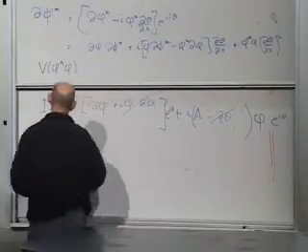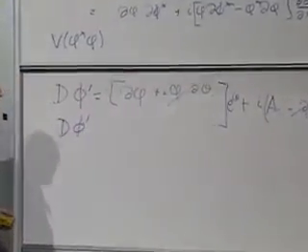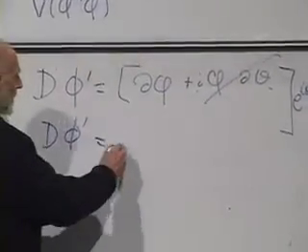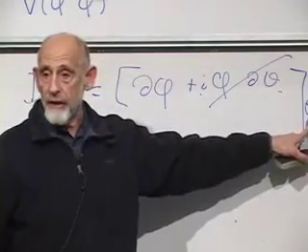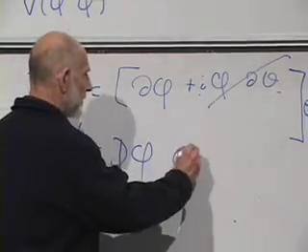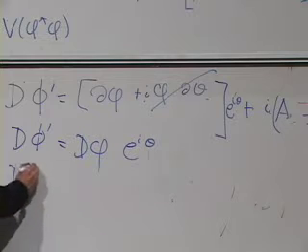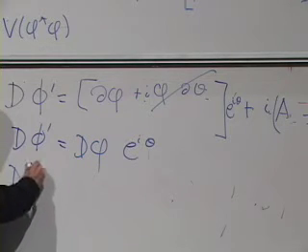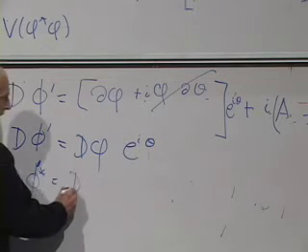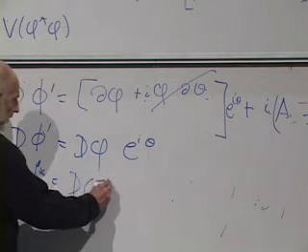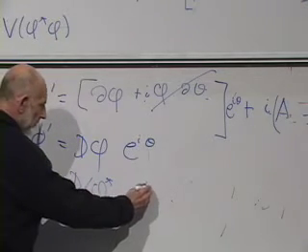So what do we find? We find that the covariant derivative of phi prime is exactly the same as the covariant derivative of phi except for this factor e to the i theta. We have to put that back. What about the covariant derivative of the complex conjugate, phi prime star? That's equal to the covariant derivative of phi star times e to the minus i theta.